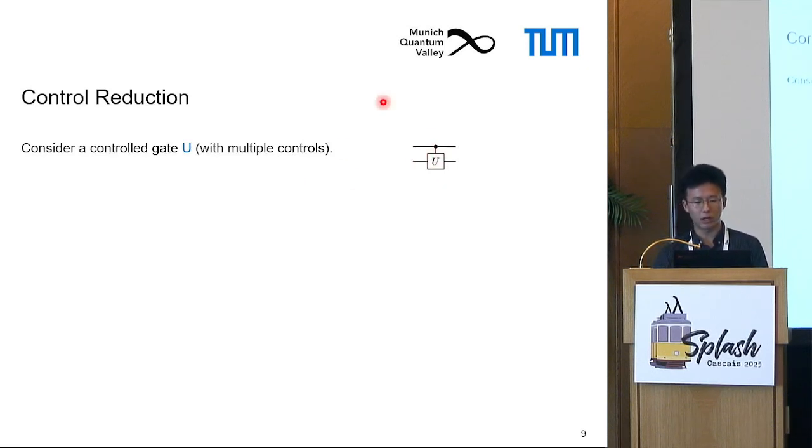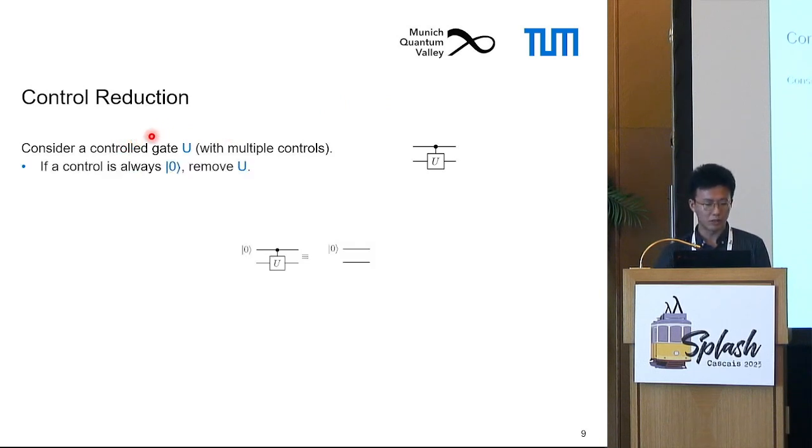Let's have a look at how we are going to use the information we propagate to simplify our circuit. The first simple case is for a control gate to always receive 0. Then we know that this gate is always not applied, so we just remove the entire thing.